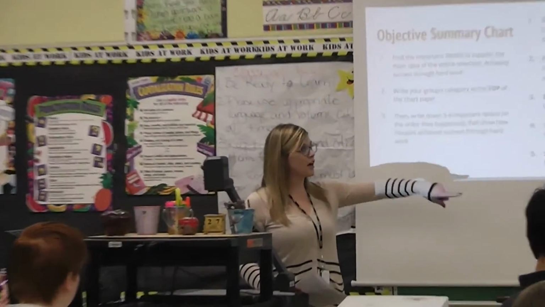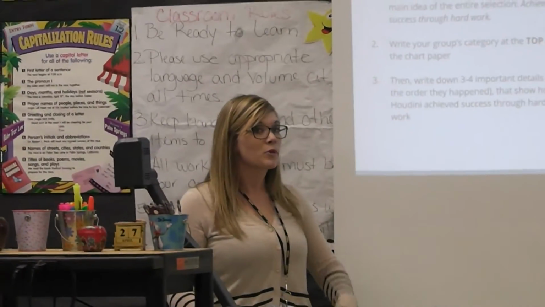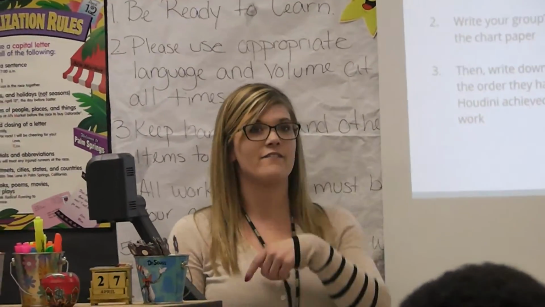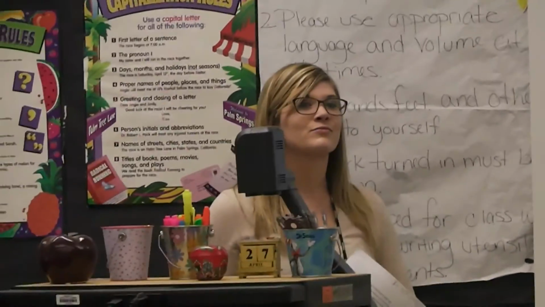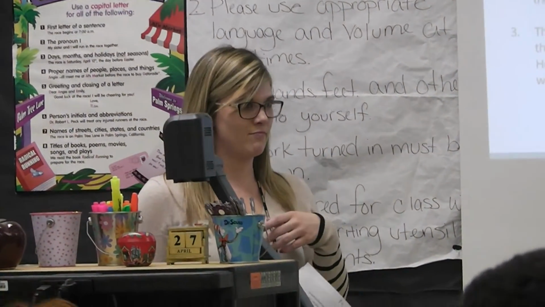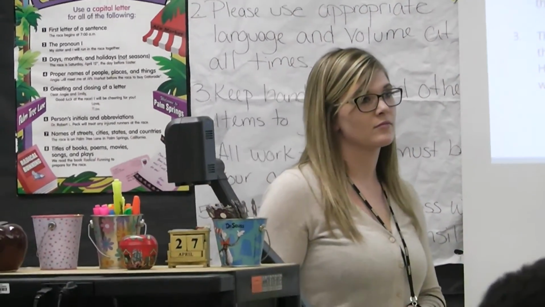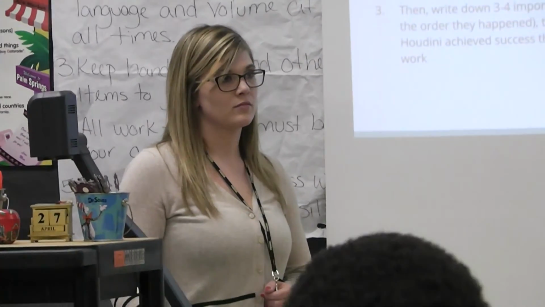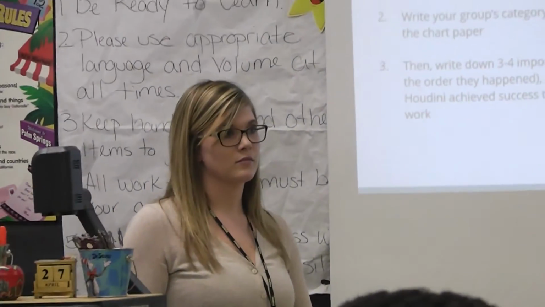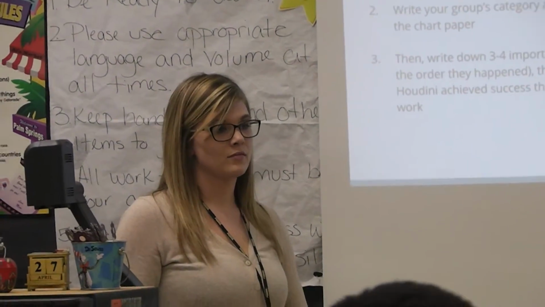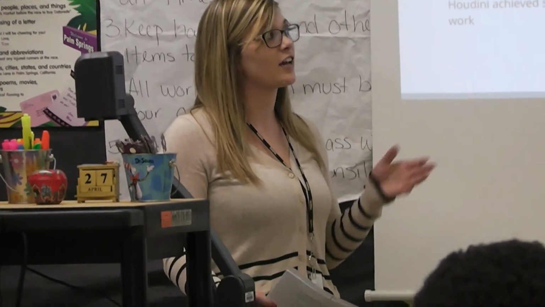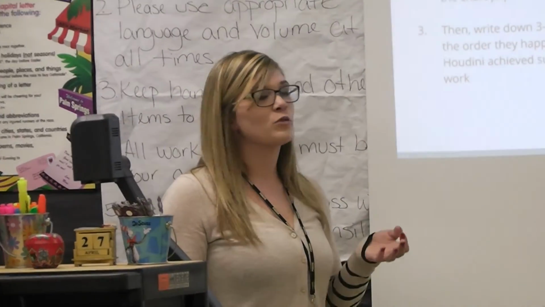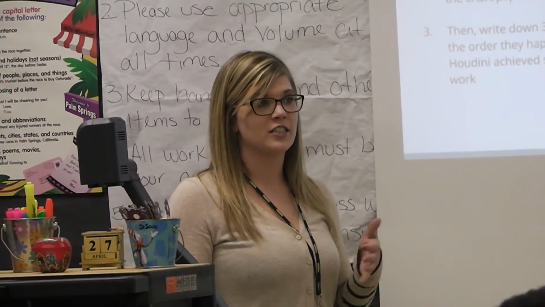Alright, so I know that the bell ringer is covered up, but does somebody remember what the bell ringer asked you? It asked, what was the key to Harry Houdini's success? And it gave you a few examples, but that would be a way of doing subjective writing.